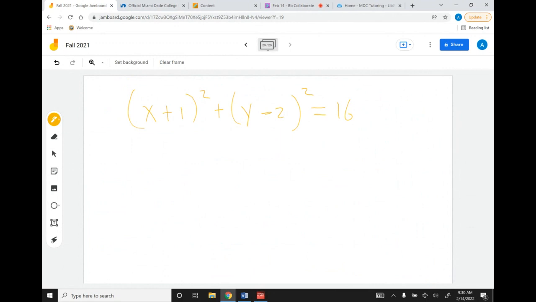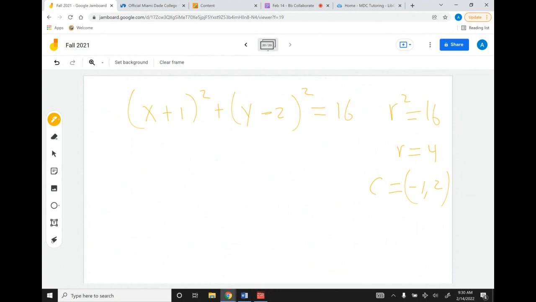So this means that r squared is equal to 16. Well, what is r? r is 4, okay? What is the center? The center in this case will be negative 1, 2. Notice that we do the opposite signs. Okay, this is where you have to be very careful with the signs.